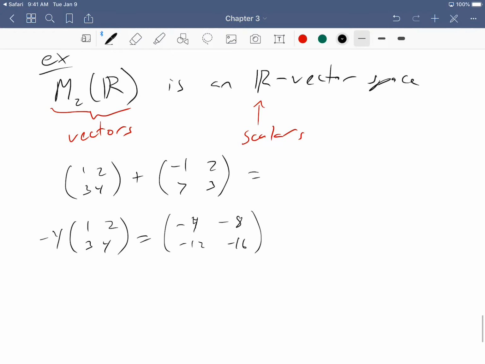I did it before, basically, but instead of writing those 4 numbers, 1, 2, 3, 4, as a horizontal vector in R4, I've written it as a matrix. There we go. So that's another vector space.